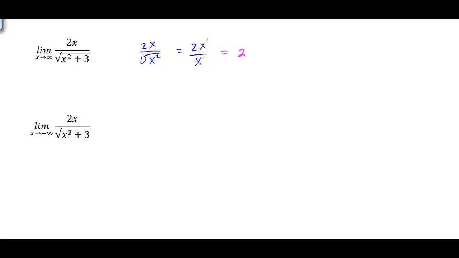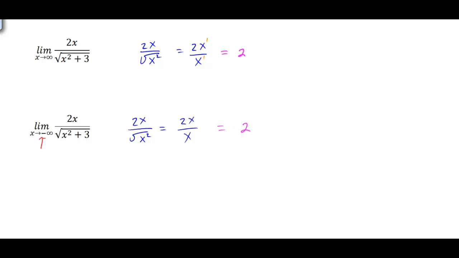Now, the next example here is identical, except for notice here, we're looking at the limit as x approaches negative infinity. And we can go through the same steps. We can think of this as 2x over the square root of x squared. And we would be left with 2x over x. And we know, once again, we're going to end up with this answer of 2.